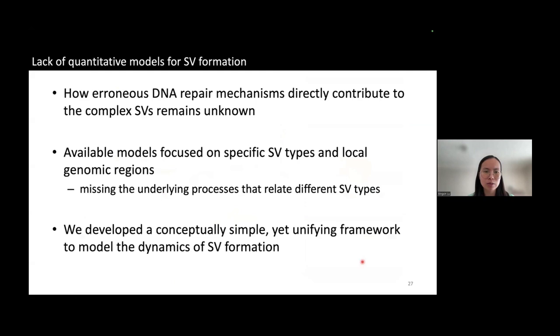There have been lots of studies on the different patterns or types of SVs, but we still don't know how the mechanisms of the SVs directly contribute to the patterns we observed.